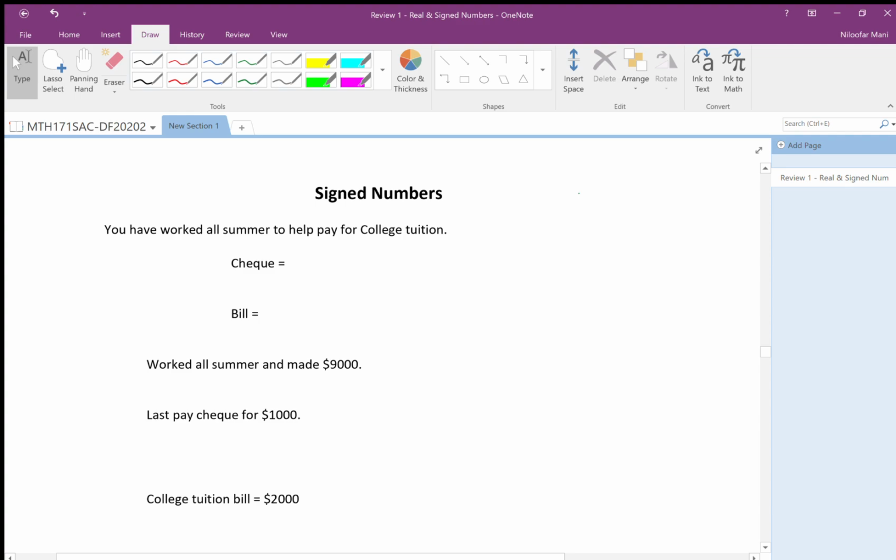You have worked all summer to help pay for college tuition. Checks and bills: checks are coming to your account, bills are going from your account. So I can say checks are positive, bills are negative. But I recommend you read the question first and then go back and translate.